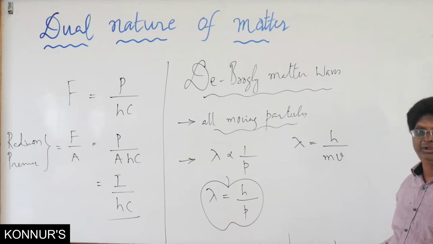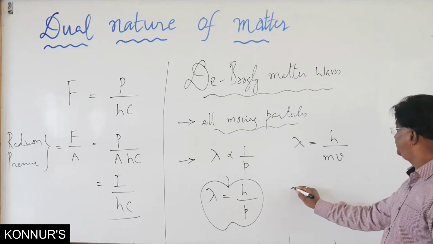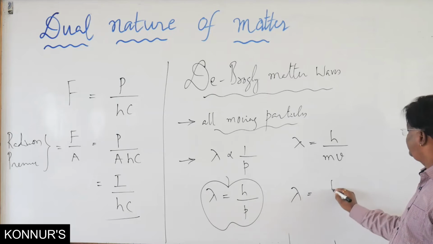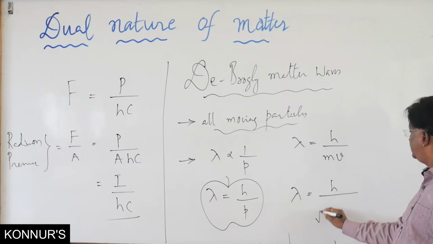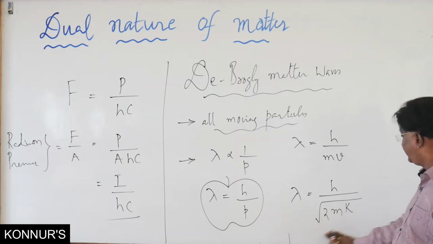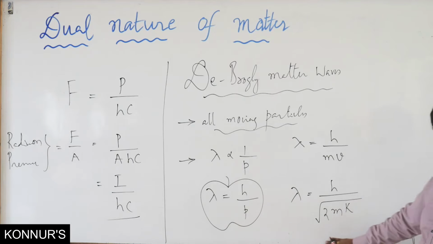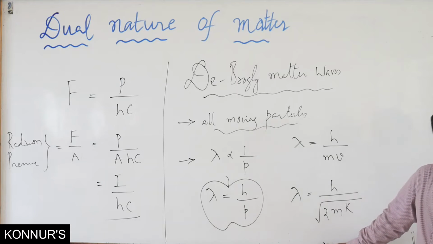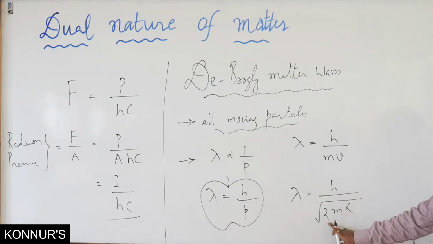According to that, lambda is h upon momentum, which is h upon under root 2mK, K for kinetic energy. K is equal to p square by 2m, a popular result, right? So h upon under root 2mK.